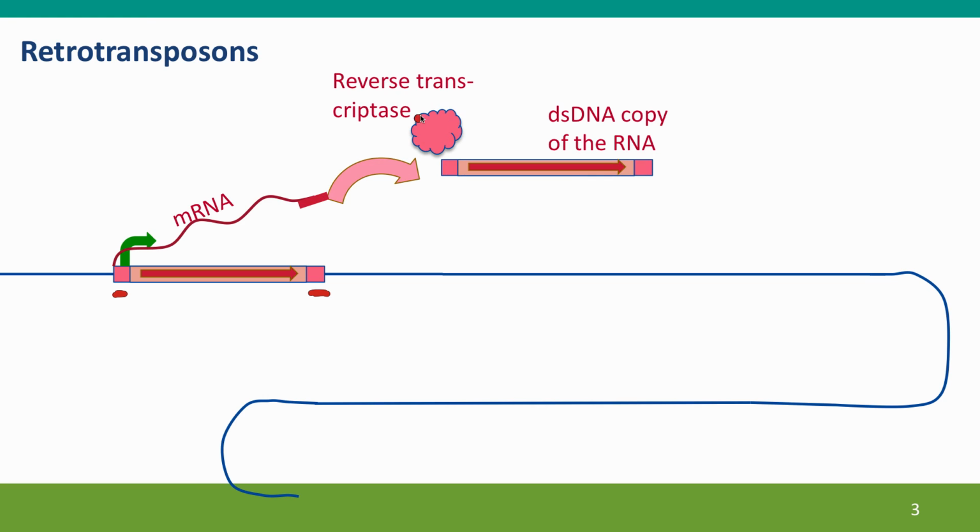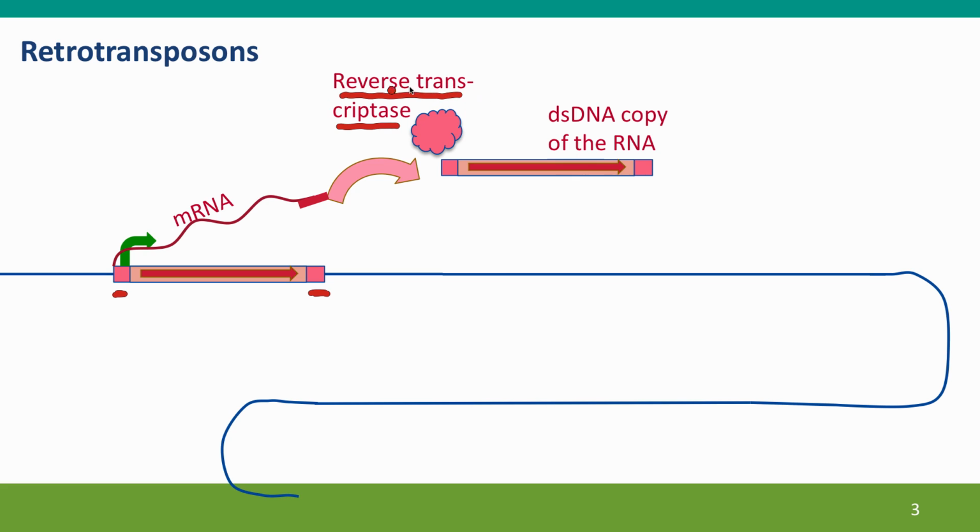But rather than being a DNA-based transposase enzyme, this protein is an enzyme called reverse transcriptase. It's called that because, in effect, it reverses what transcription has done, what RNA polymerase did. It takes the RNA and makes a double-stranded DNA copy of it.